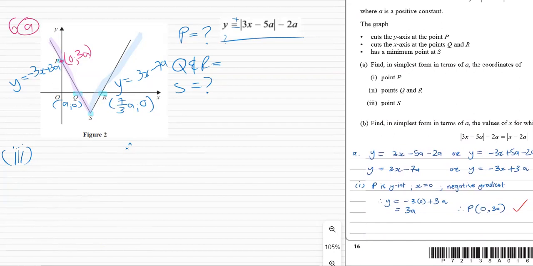Obviously one method that one can always use for points of intersection is you let y equal y, and then the right-hand side will equal the right-hand side of each line. So just using color, that means that the point S is where those two lines meet. So we can just take those equations and equate them to each other. That's one way of doing it. So just quickly show you how that works out.